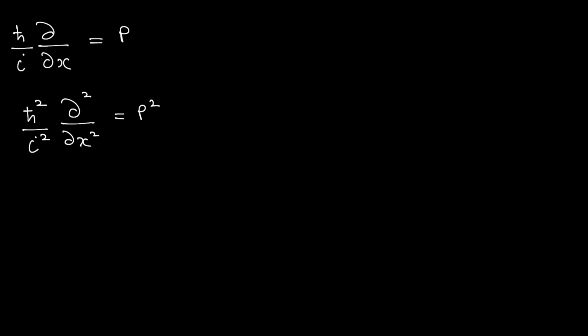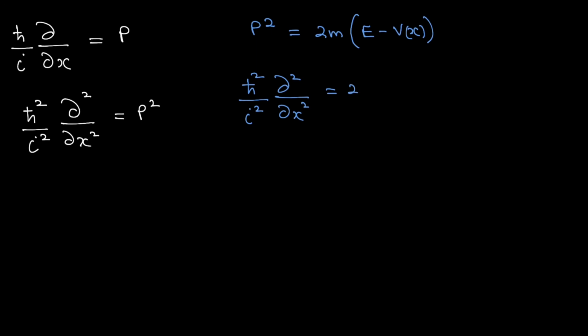But remember that p squared equals 2m(E − V(x)). So if I replace the p squared here with its value, I get ħ squared over i squared, second-order partial derivative with respect to x, equal to 2m(E − V(x)).